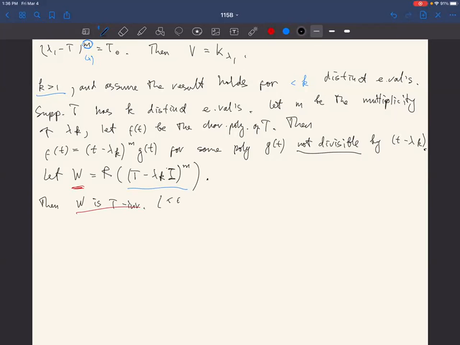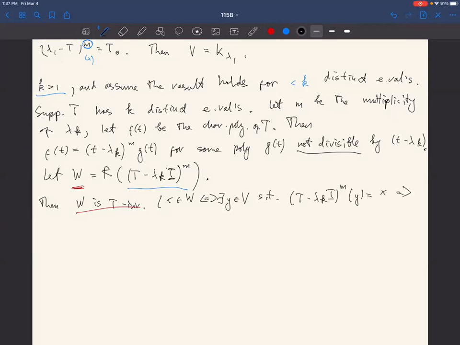Take a vector x in W. This is equivalent to there existing y in V such that if I apply the linear operator to y, I get x. So (T minus lambda k I) to the power m applied to y gives me x, just by the definition of range.